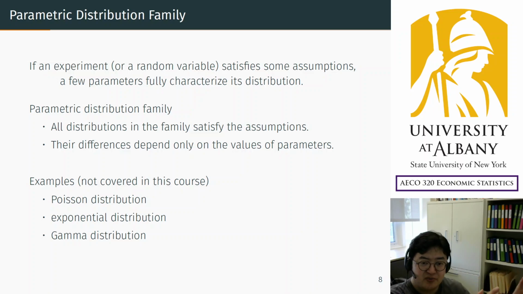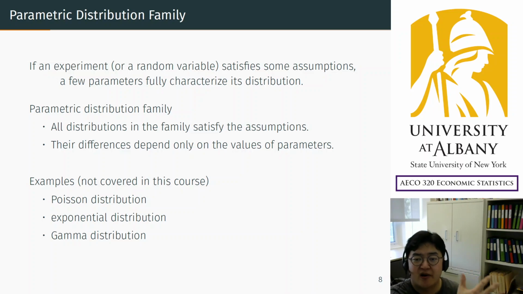The simplest example was the binary distribution, but you can change the assumptions and think about different types of parametric distributions like the normal distribution, Poisson distribution, and gamma distribution. Of course, different distributions use different assumptions, and their parameters will be different.